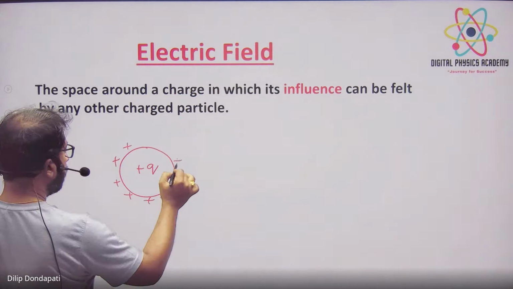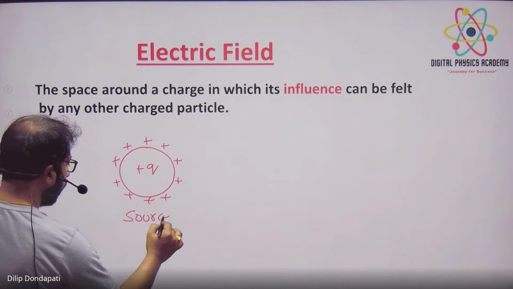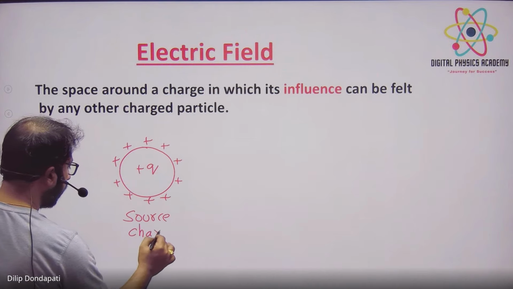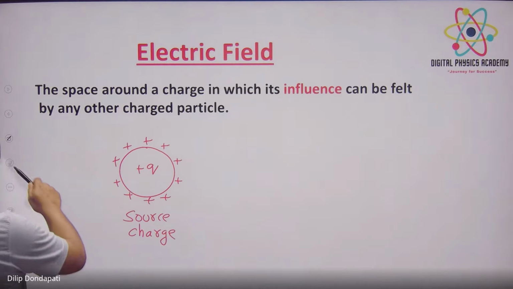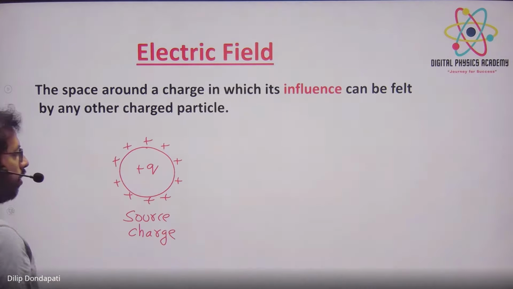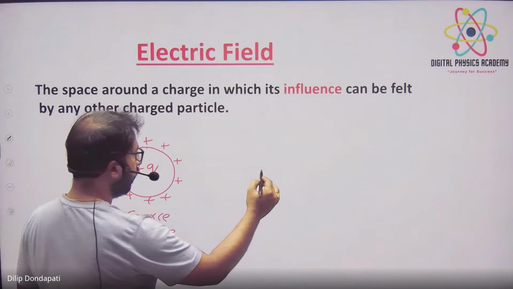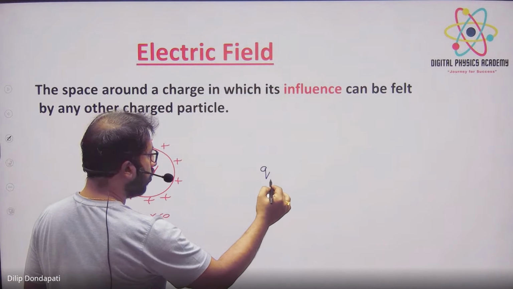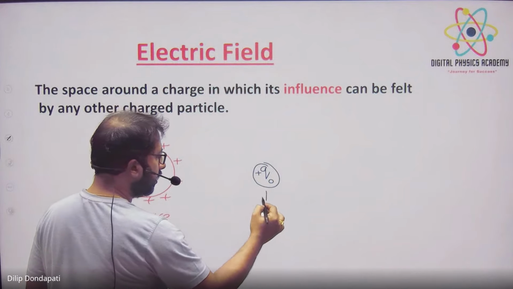We call that as source charge. Now suppose मान लो I put a very small charge near to it. I call this as Q0, very small charge, and this charge ko I call as test charge.